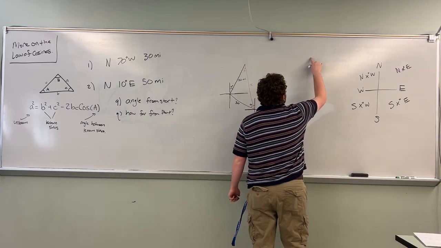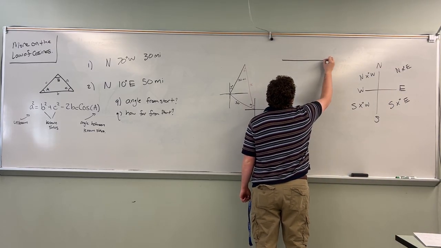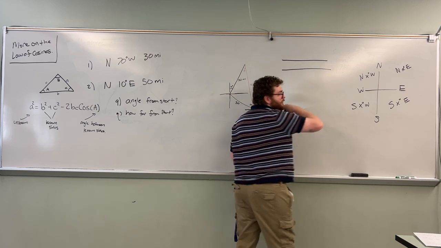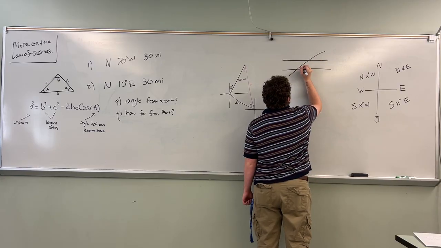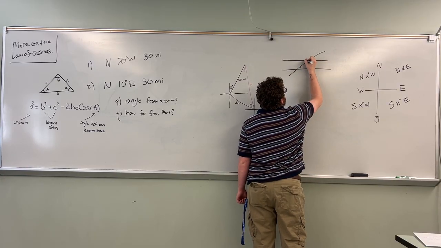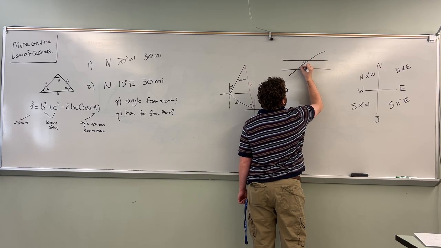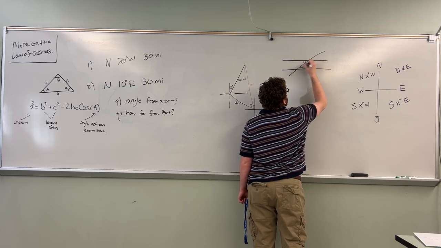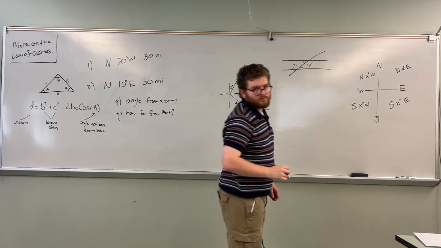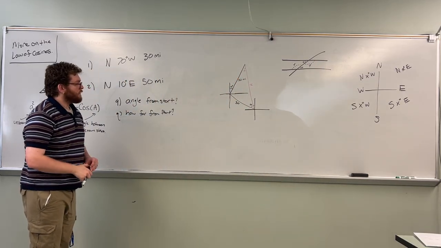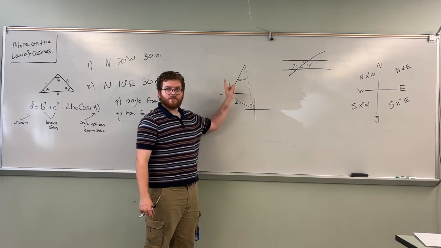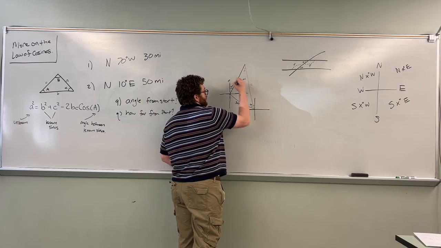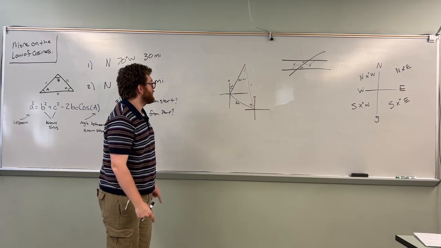One thing that we have to remember from high school trig is that if I have two parallel lines and some line that runs through them, these acute angles are going to be the same, and the obtuse angles are going to be the same. Since both of these coordinate grids are parallel to each other, they both face due north, right? This is north, this is north. There's a true north, and those face that.